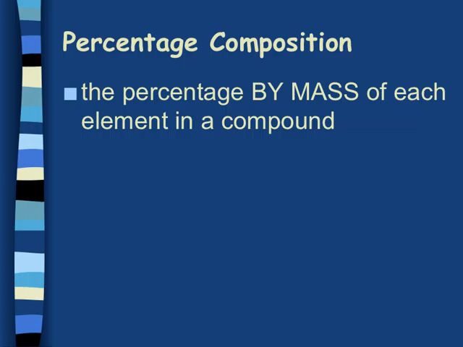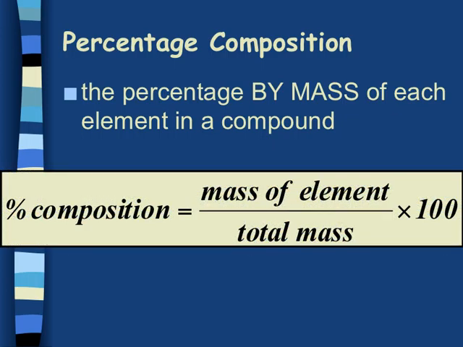So the mass percent is the percentage by mass of each element within that compound. There's an easy equation to use to calculate this. We have percent composition equals mass of the element divided by the total mass of the sample.